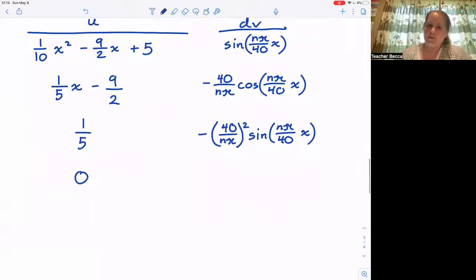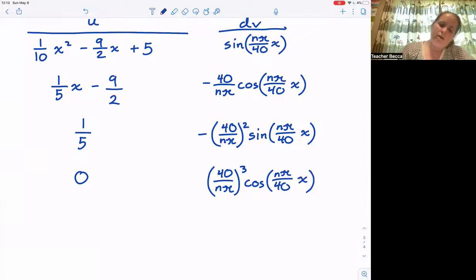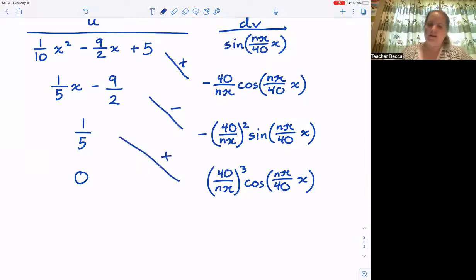And then we would go to a positive 40 over n pi entire fraction cubed cosine n pi over 40x. We do the positive product on the first diagonal, negative product on the second diagonal, positive product on the last diagonal.